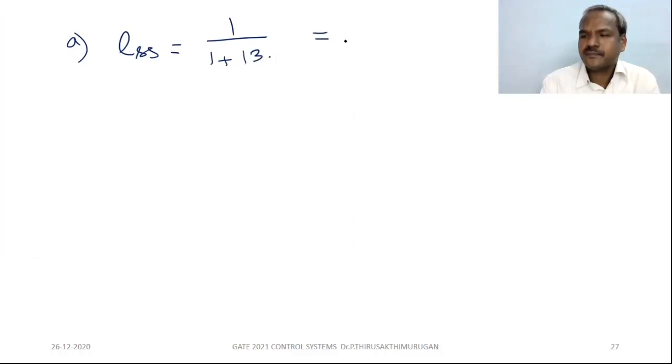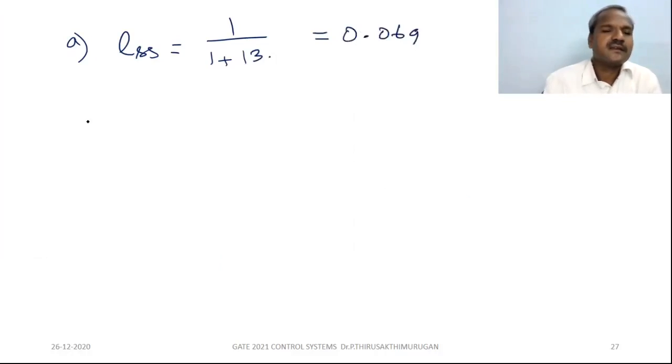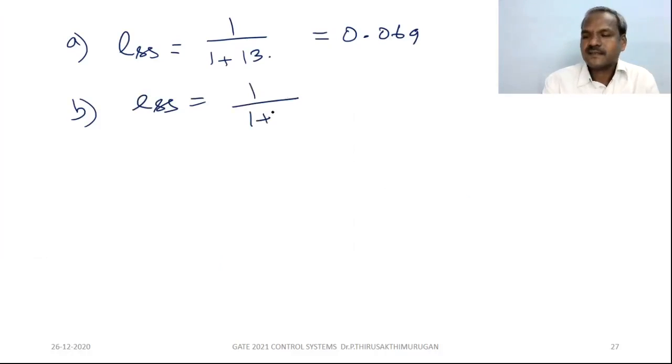So we get 0.069. In case B, steady state error equals 1 by 1 plus 8, that is 1 by 9, almost 0.11.